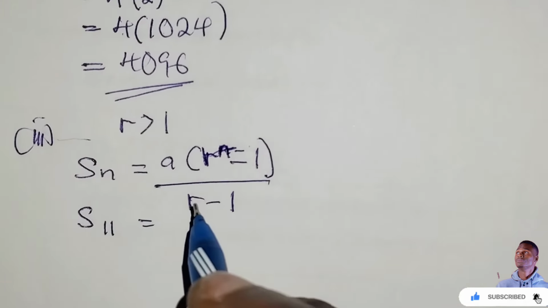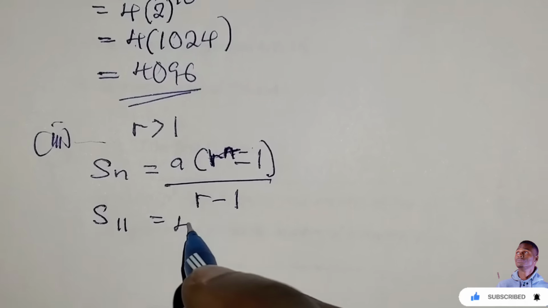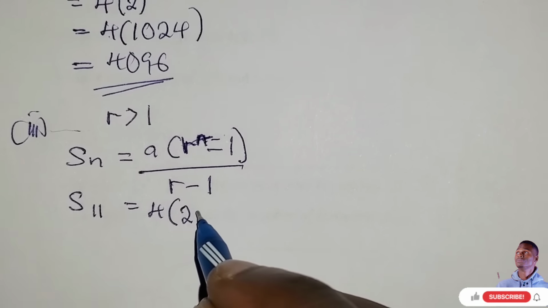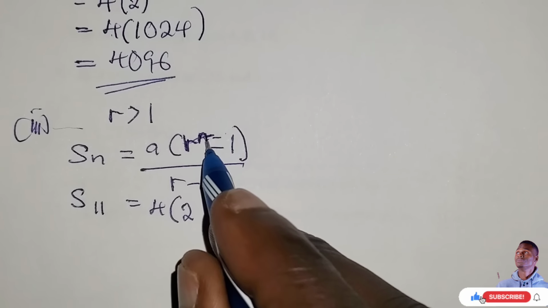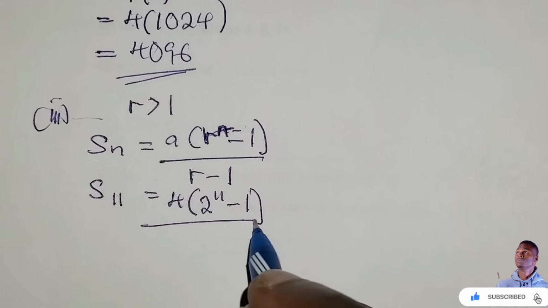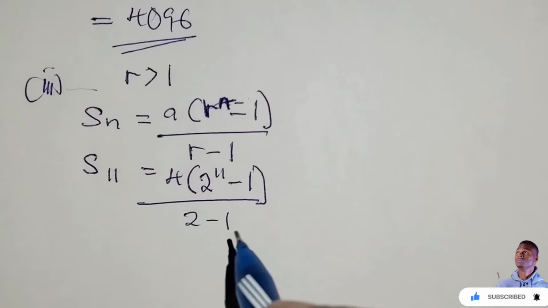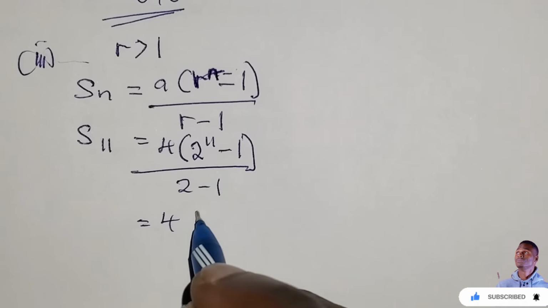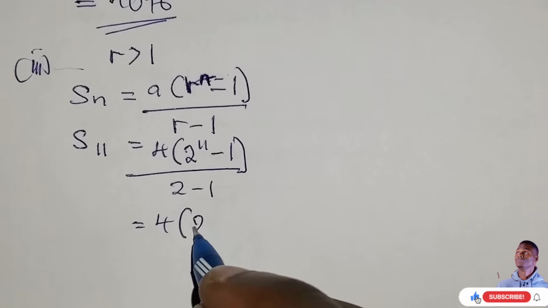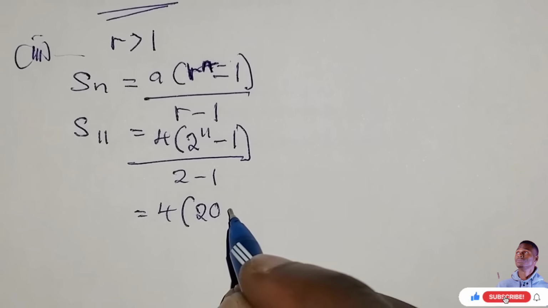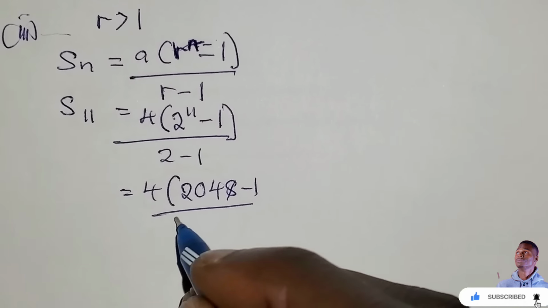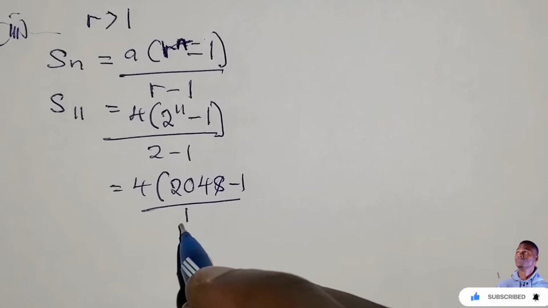The first term is 4. The common ratio is 2 to the power, this n is 11, minus 1, over 2 minus 1. What is 2 to the power 11? 2 to the power 11 is 2048 minus 1. 2 minus 1 here is just 1.